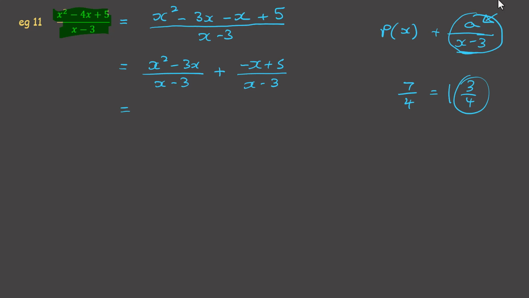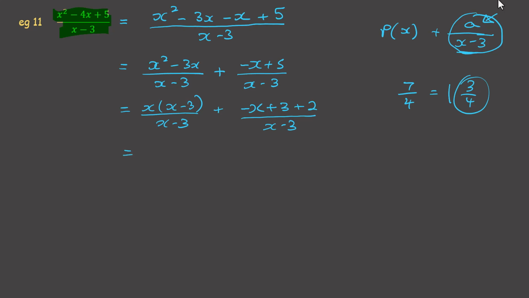And then for the first term there, I can write that as x minus 3 over x minus 3, and you can probably see what's going to happen there. Over here, I'm going to write that as negative x plus 3 plus 2 over x minus 3.